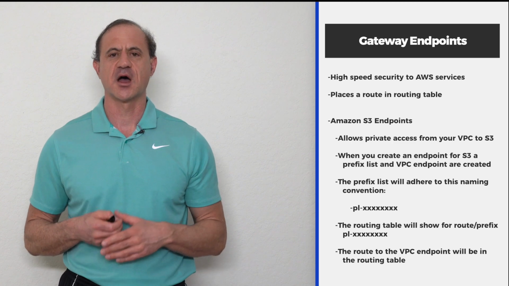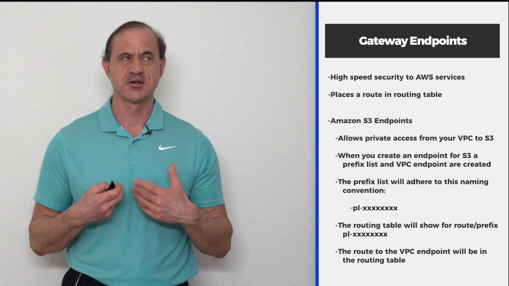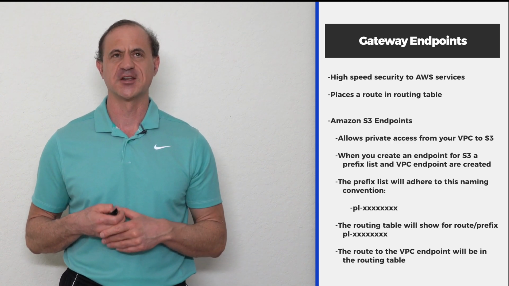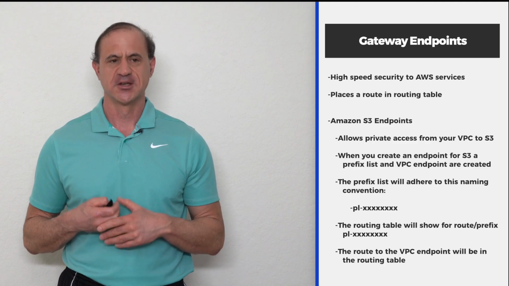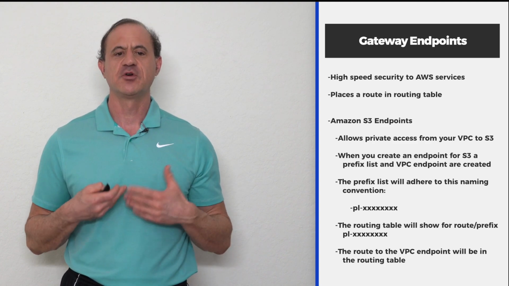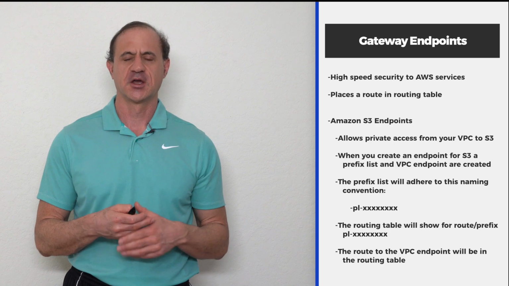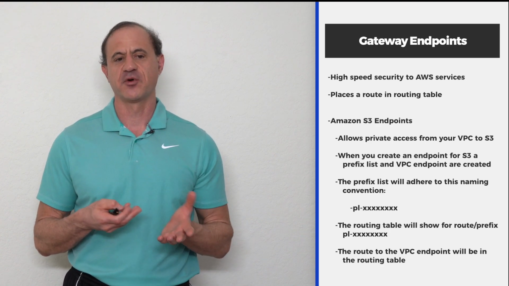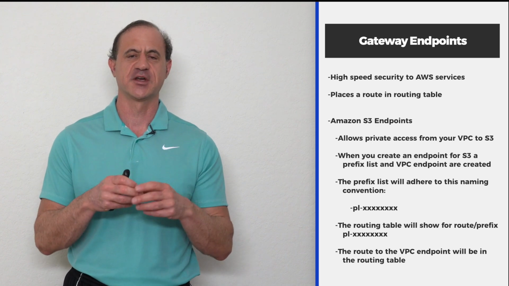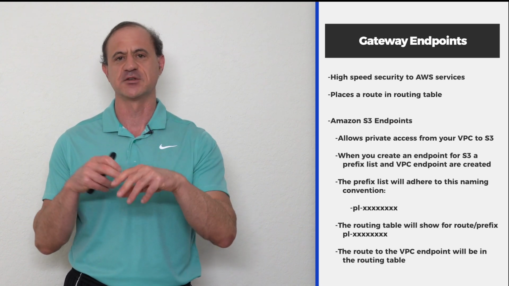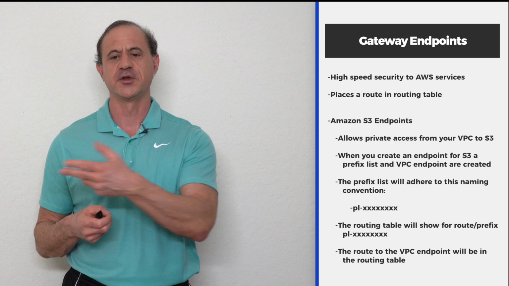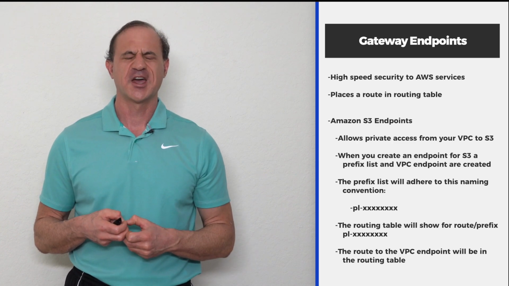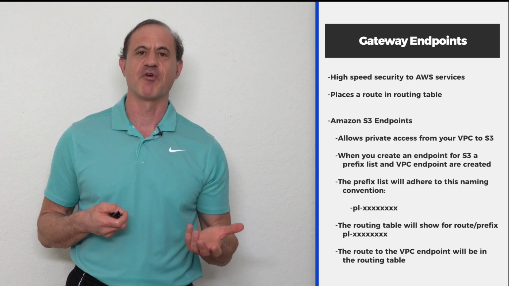Let's talk about Amazon S3 endpoints, because they're ones that are very often made, and there's a lot of confusion around this. So what's going to happen is, when you create an endpoint for S3, a prefix list and a VPC endpoint are created. So you've got this prefix list, and what's that going to be? It's going to be the route that's in your routing table, so you can point to whatever the resources are. And it's not going to look like a traditional route on the routing table.